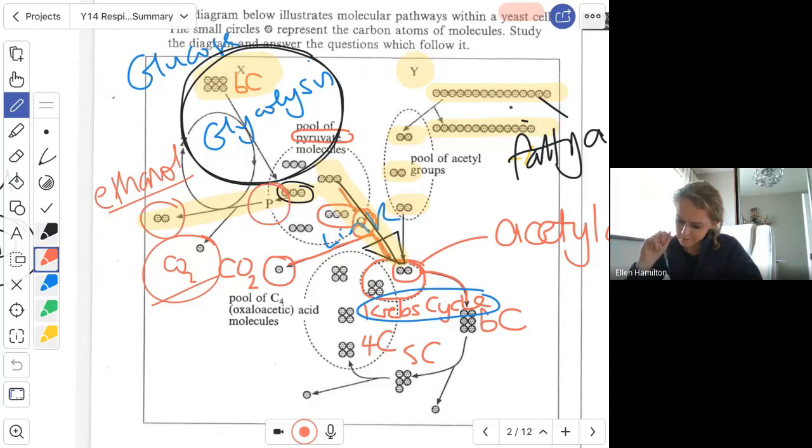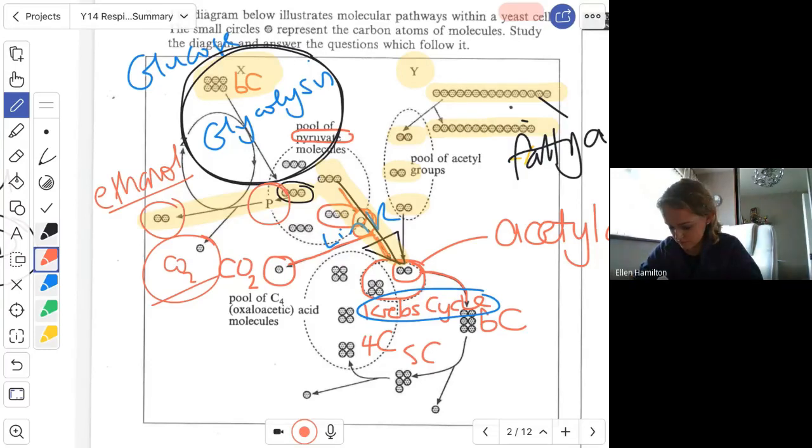In other words, why does the pyruvate have to be reduced to make ethanol and carbon dioxide? Well, the whole reason for doing that isn't because the cell needs ethanol or carbon dioxide, but it needs to regenerate the NAD. Because if we don't regenerate the NAD, glycolysis won't happen.